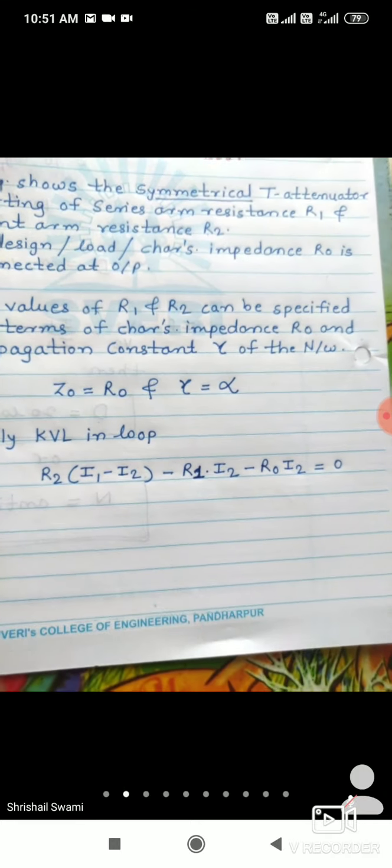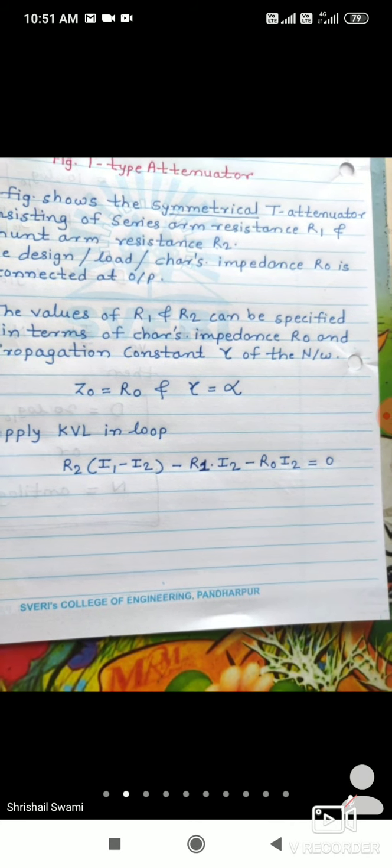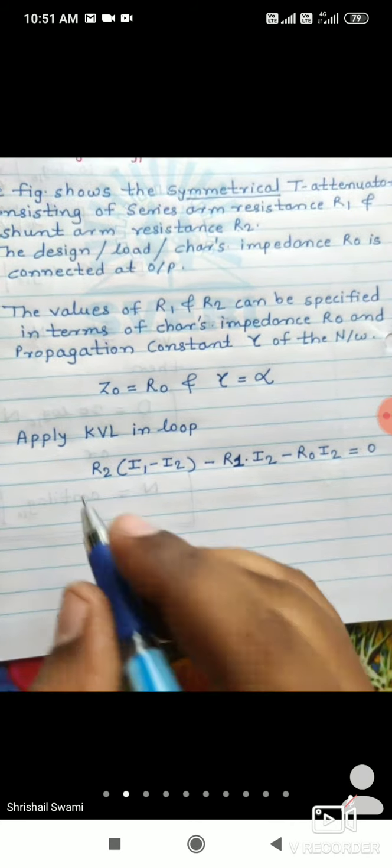Now what you have to do, collect the I1 term in the left hand side and collect the I2 term in the right hand side. Okay. So first of all I will solve this one. R2 into I1. Next minus R2 into I2. Next minus R1 into I2. Next minus R0 into I2 is equal to 0. So I have solved this bracket.